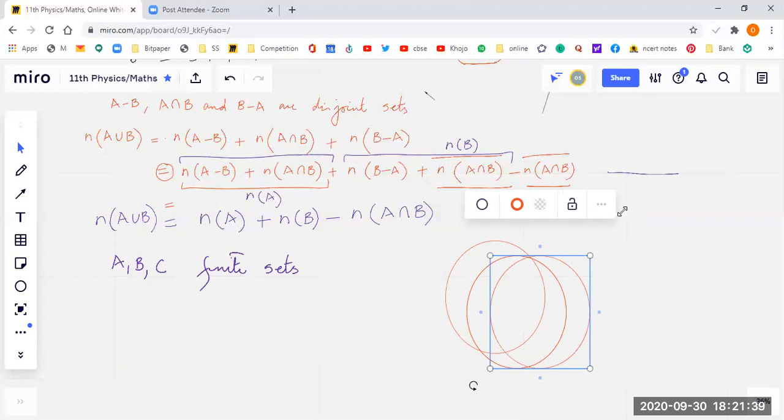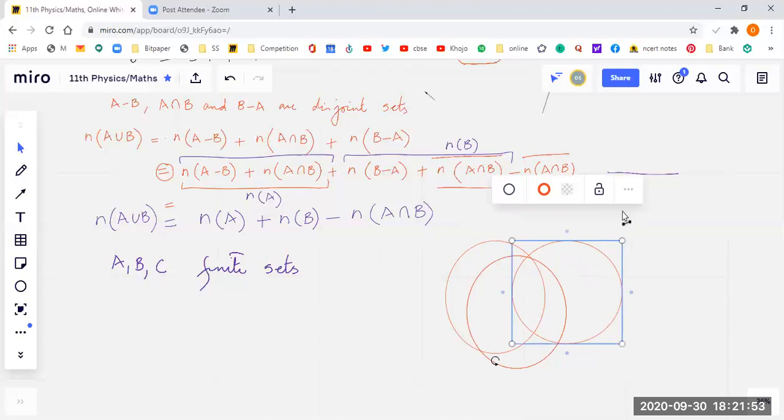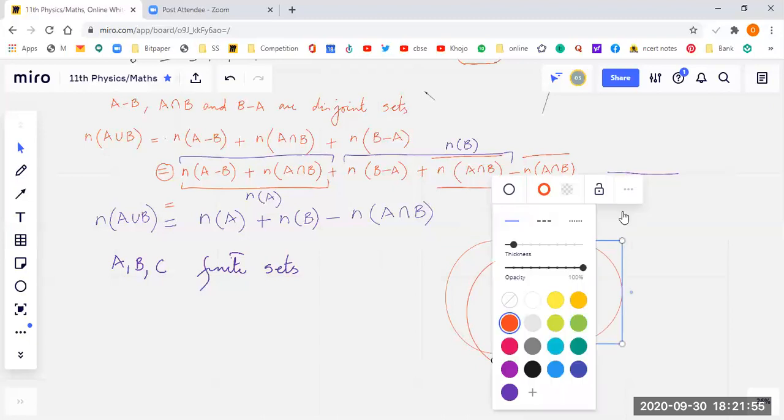So if you just see, students, I'm going to take 3 finite sets. I'm going to define them also. This may be taken in black color, right?